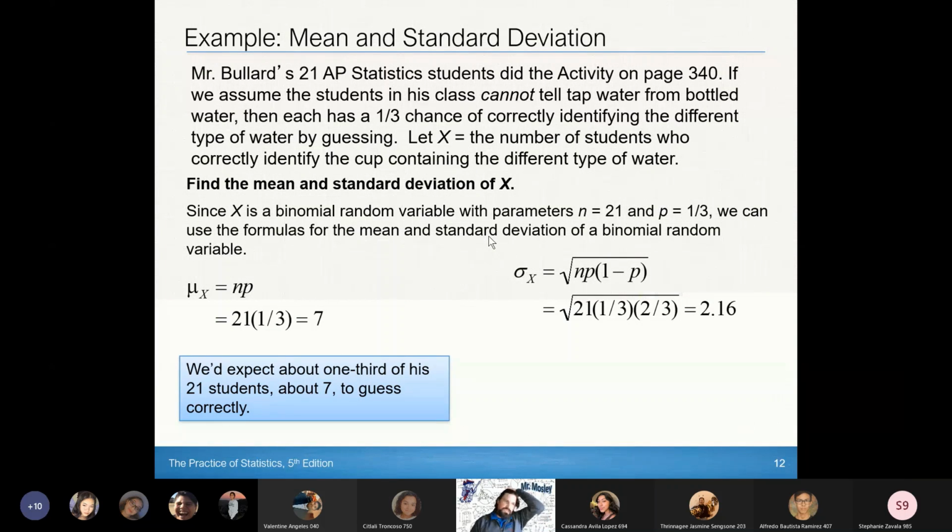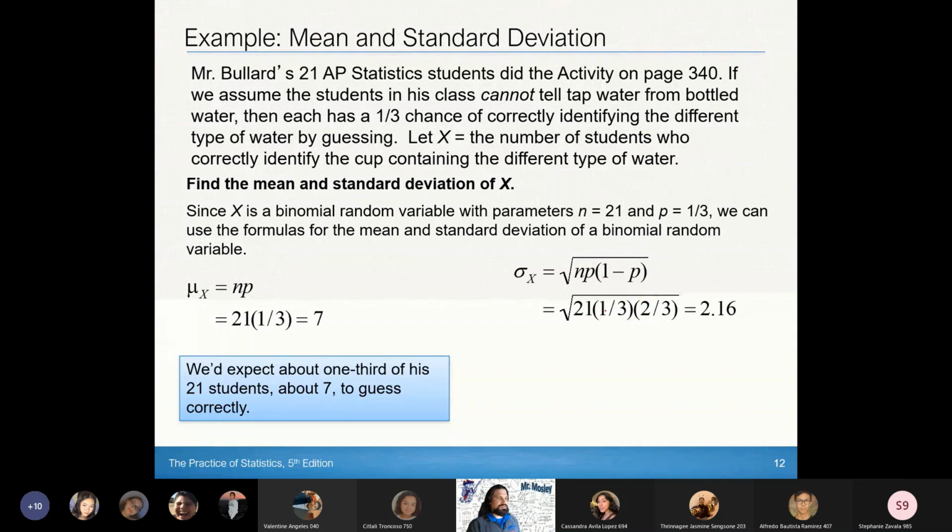The standard deviation is calculated by the square root of N times P times 1 minus P, which gives us 21 times 1/3 times 2/3. Right? Again, if things are going well and you're doing your calculations properly, this plus this should equal 1. It's success or failure. Between the two of them, we have 100% of the possible outcomes. Right?